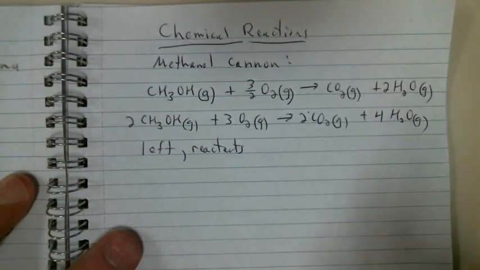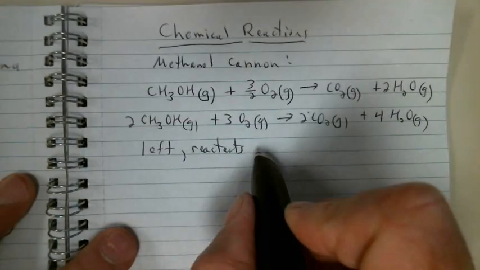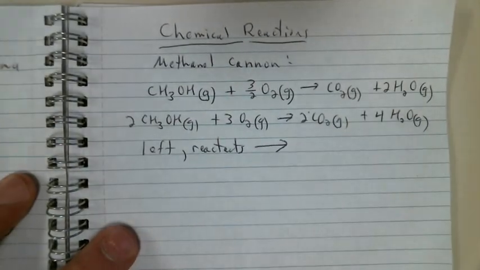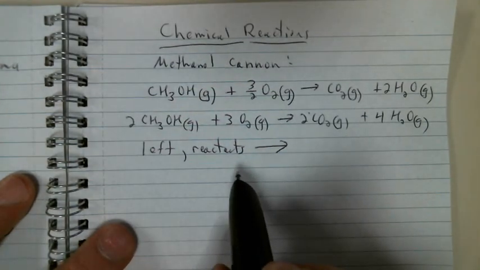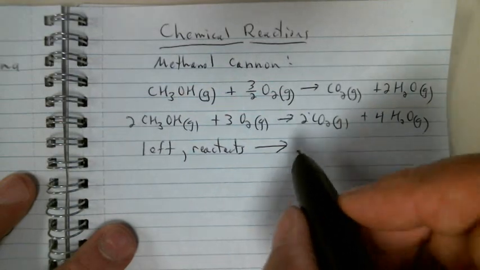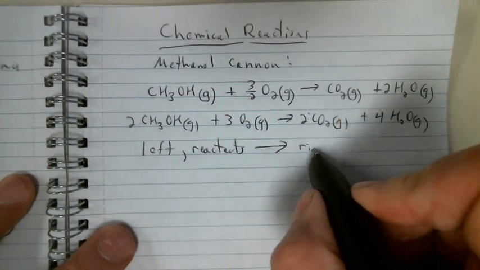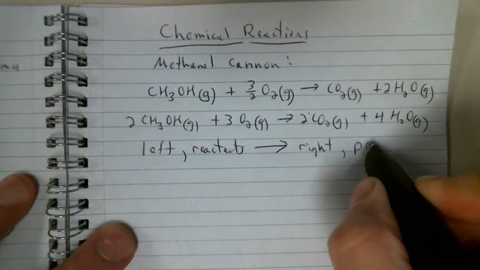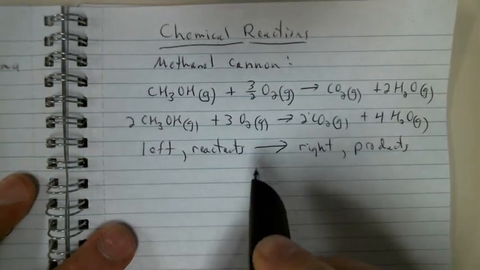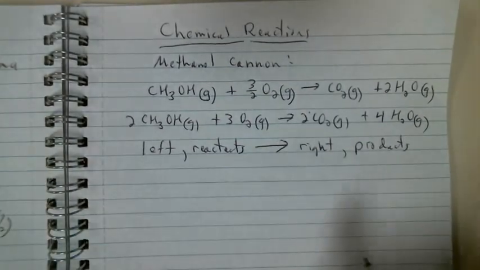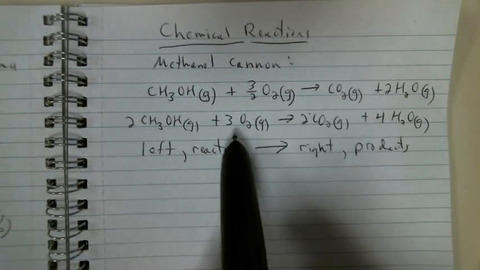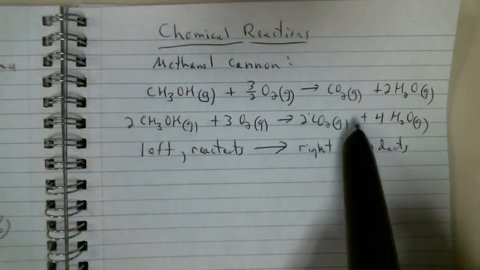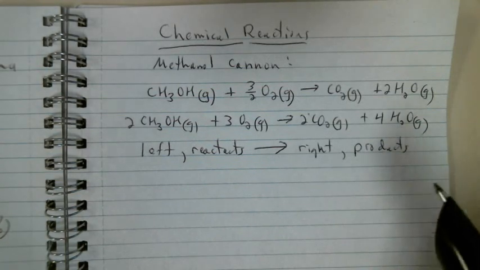Even if a reaction is running backwards, which we won't have any backwards reactions in first semester, but just so you get the idea, it doesn't really matter what's happening. Everything that's on the left are called the reactants, and everything that's on the right are called the products. And in fact, this one-way arrow that we're going to use indicates that we're starting with the methanol and the oxygen in the air, and we're ending up with carbon dioxide and water.